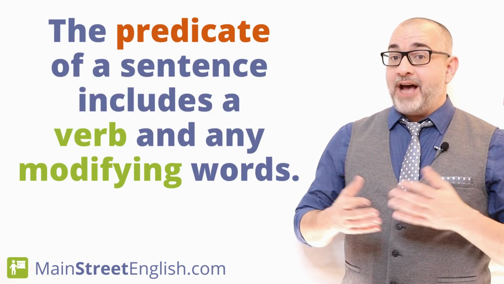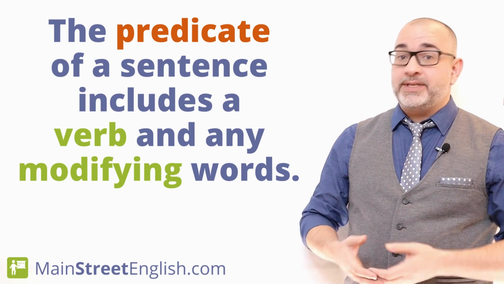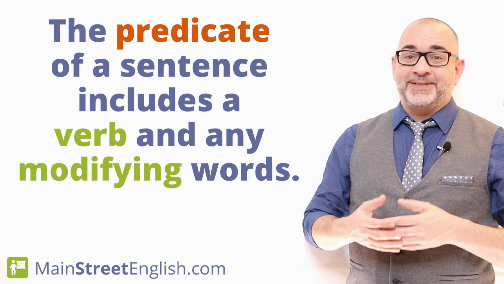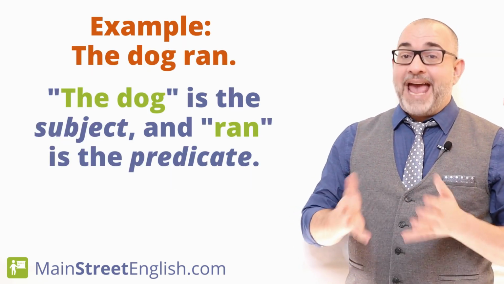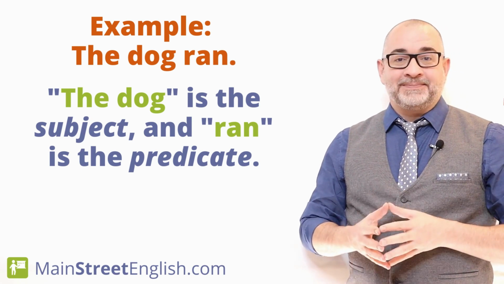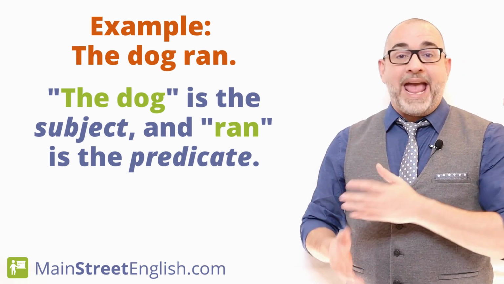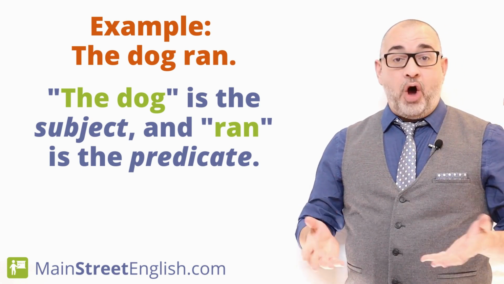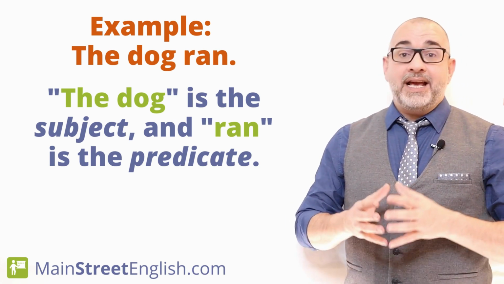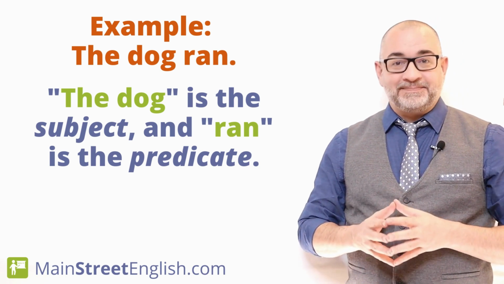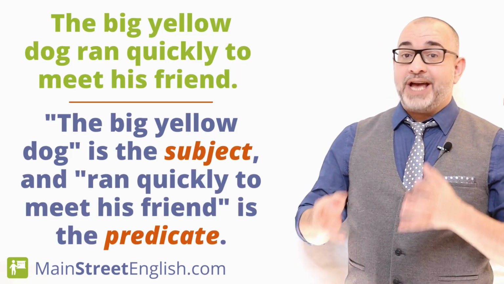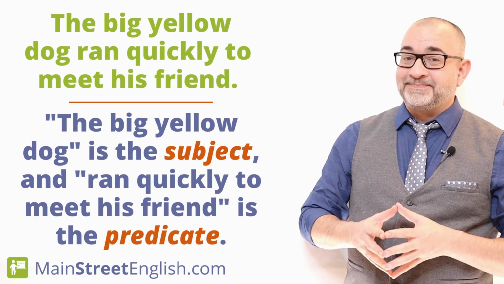The predicate of a sentence includes a verb and any modifying words. Let's use an example. The dog ran. The dog is the subject. Ran is the predicate.